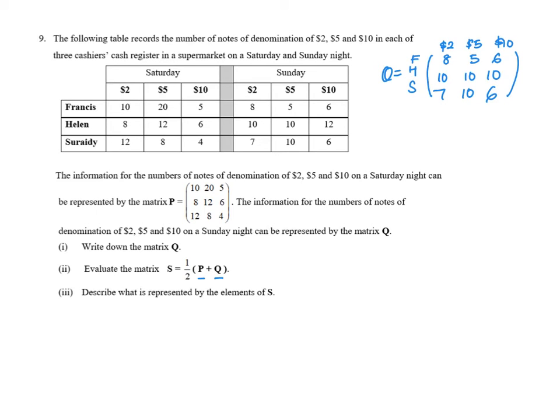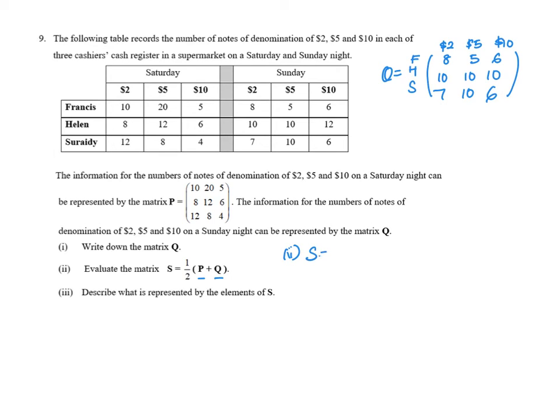So when we are looking for matrix S, it's actually looking for the average of Saturday and Sunday nights money, right? Let us take a look at part 2.